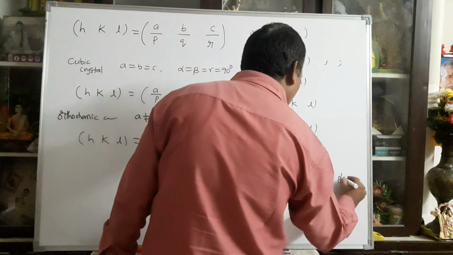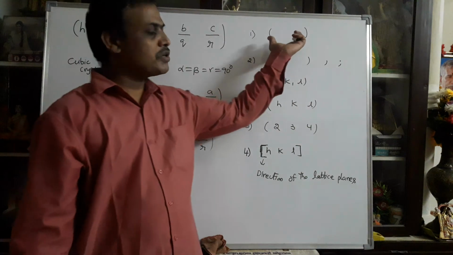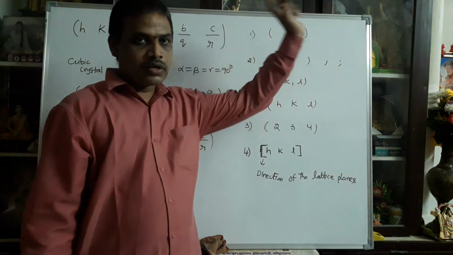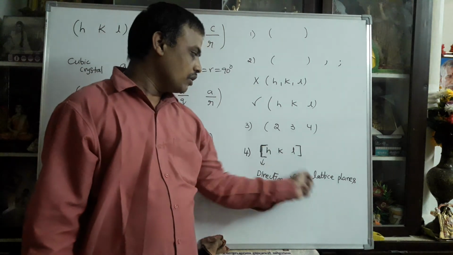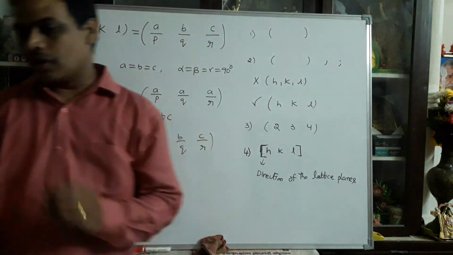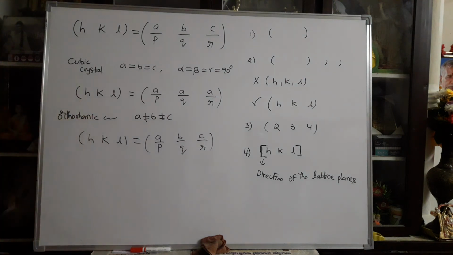The Miller indices must be expressed in curved brackets, whereas the direction must be introduced in terms of square brackets. So curved brackets indicate the Miller indices and square brackets indicate the direction of the planes.